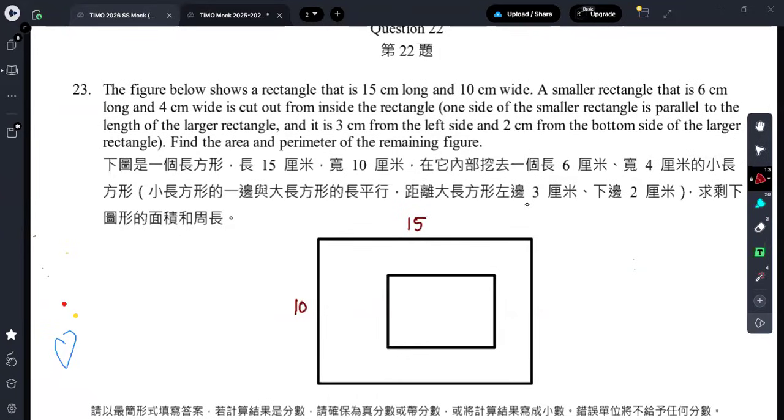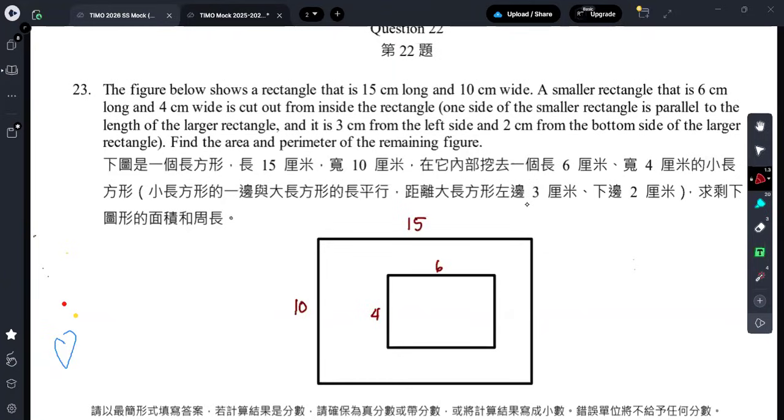A smaller rectangle that is 6 cm long and 4 cm wide is cut from inside the rectangle. One side of the smaller rectangle is parallel to the length of the larger rectangle. And it is 3 centimeters from the left side and 2 centimeters from the bottom.